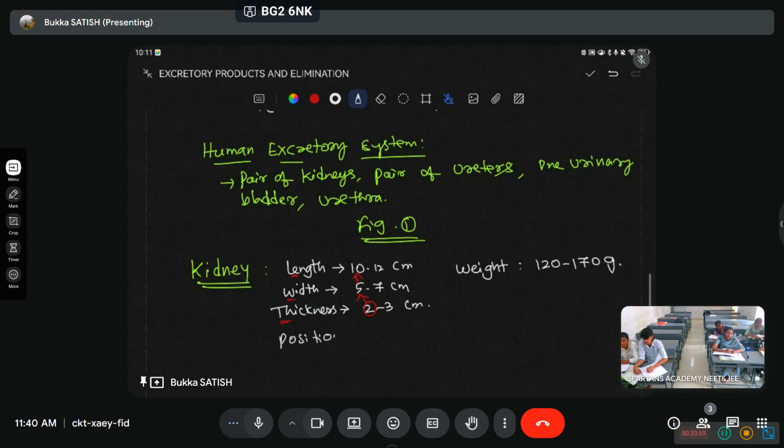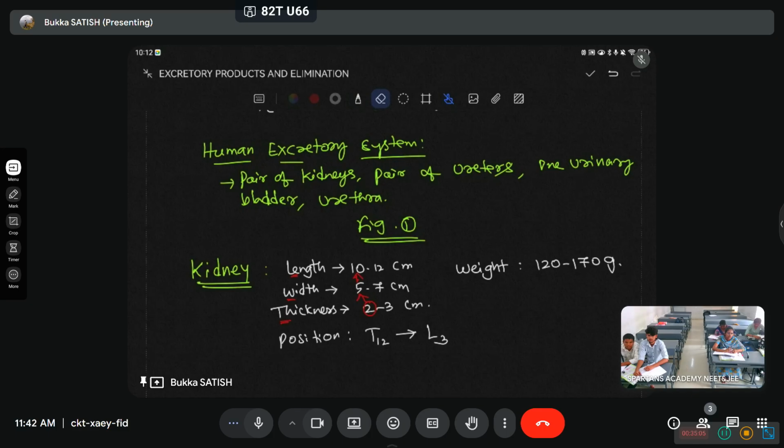Next, position. If you already remember the locomotion part, there are 12 thoracic vertebrae in our vertebral column.